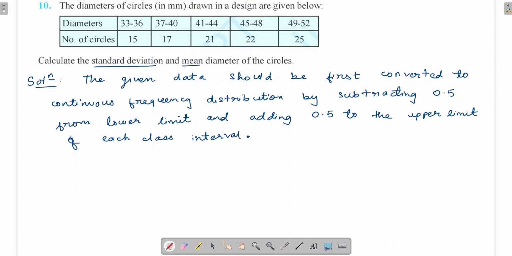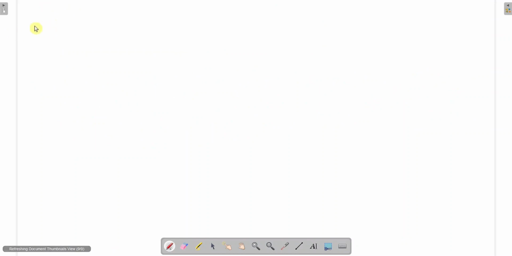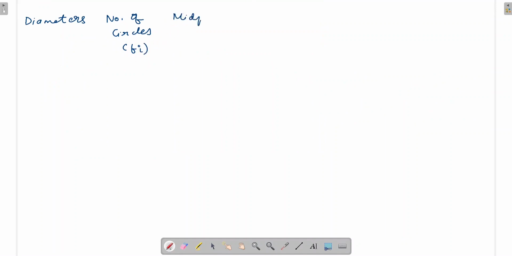Okay, so the first entry will be diameters, then number of circles which are denoted as Fi, frequencies. Okay, then midpoints which are denoted as Xi, right?